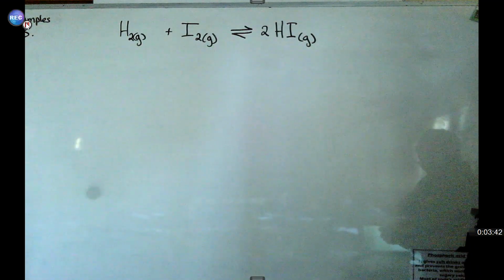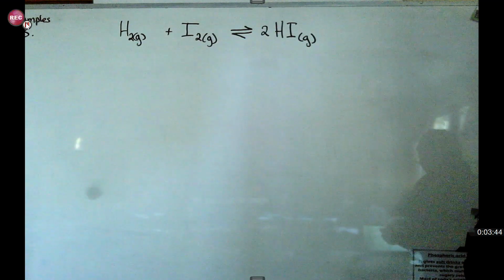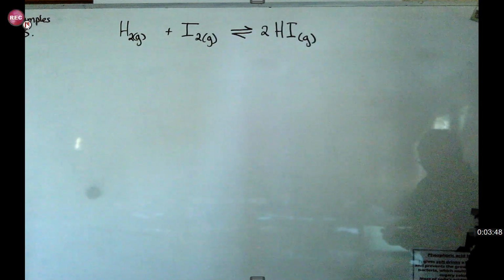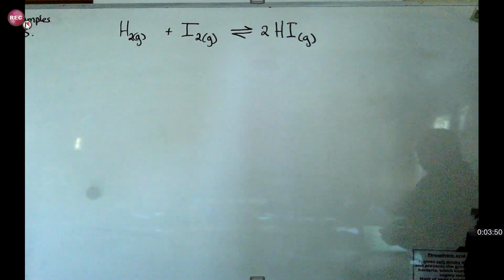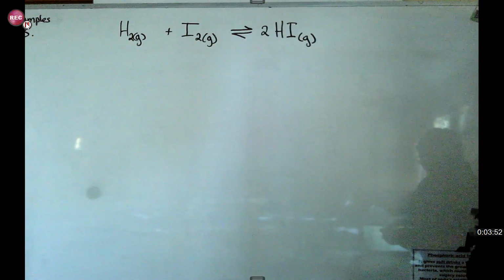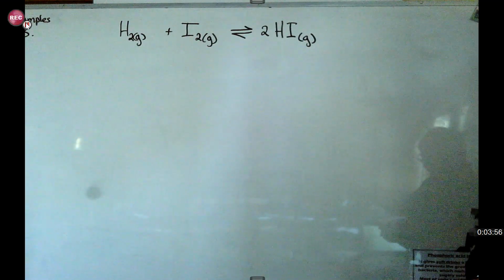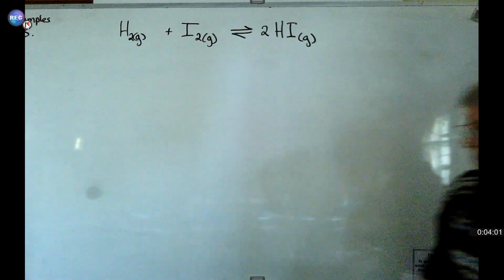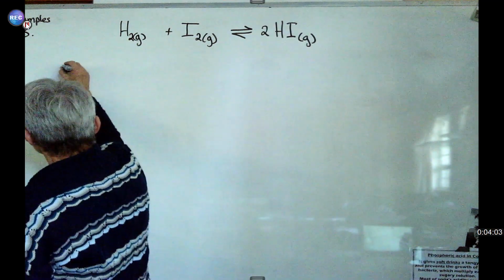They say 1 times 10 to the minus 3 moles per cubic decimeter of H2 gas and 2 times 10 to the minus 3 moles per cubic decimeter of I2 gas were initially mixed in a closed container. So this is what they give us at the start.